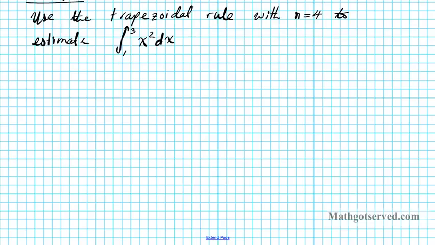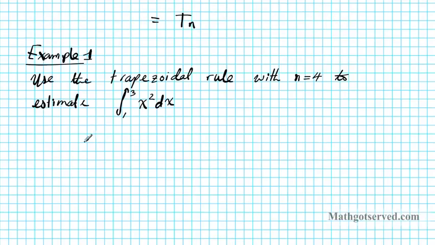So what is h? H is basically, remember, it's b minus a over 2. In this case, our interval, I didn't say the interval, but you can tell what the interval is.